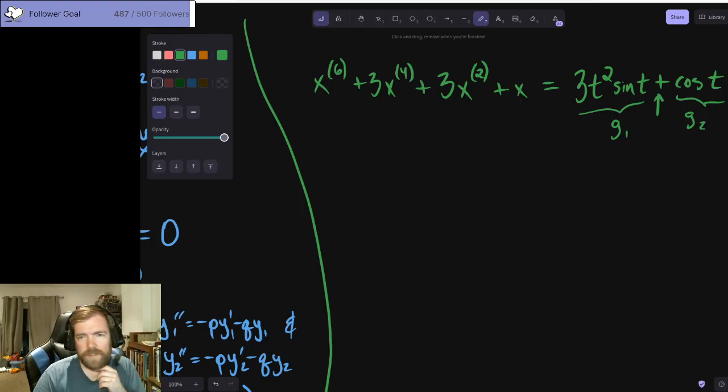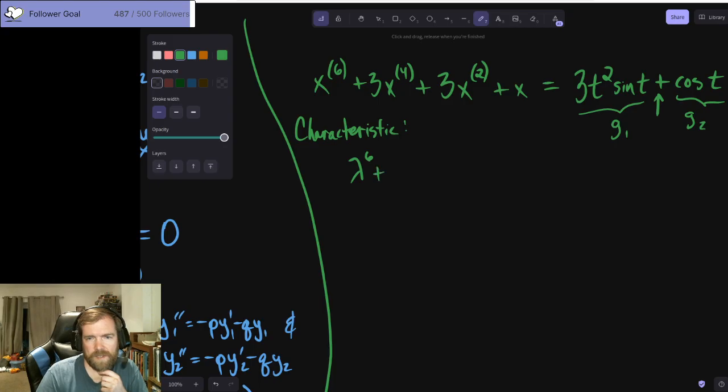So our characteristic equation here is lambda to the 6th plus 3 lambda to the 4th plus 3 lambda squared plus 1.